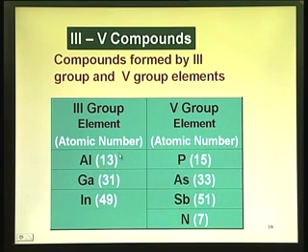Third group I have listed here, the popular third group elements, aluminum, gallium, indium. Notice it has been ordered in the order of increasing atomic number, 13, 31, 49, heavier and heavier elements. On the right hand side similarly I have got phosphorus, arsenic, antimony.